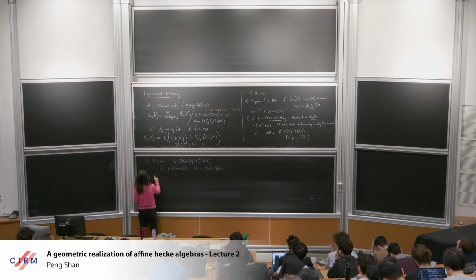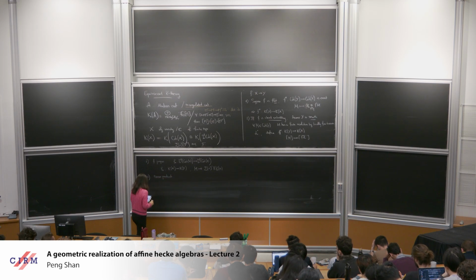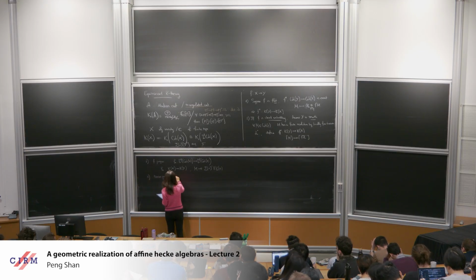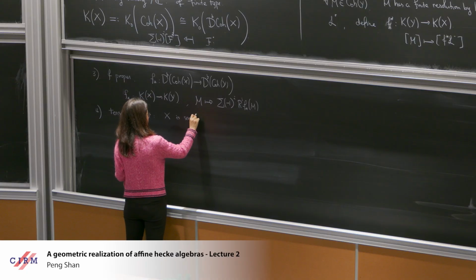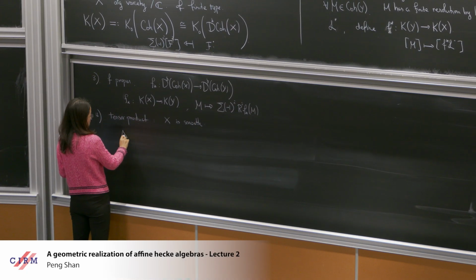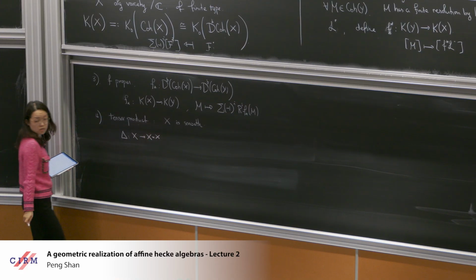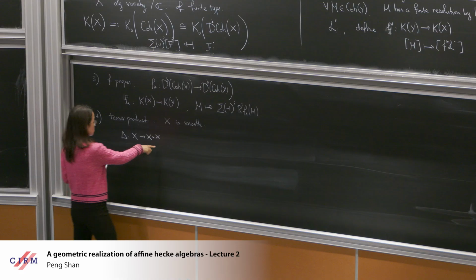So another thing I will need is the tensor product. We'll restrict ourselves to the case where X is smooth. Then we have the diagonal embedding from X to two copies of X. This is a closed embedding into a smooth variety.